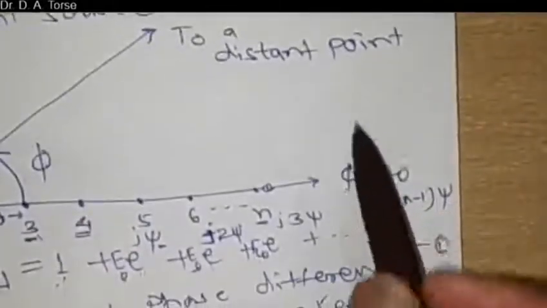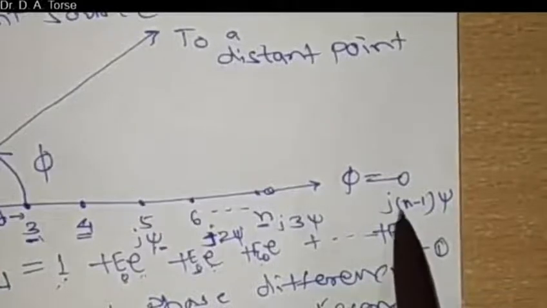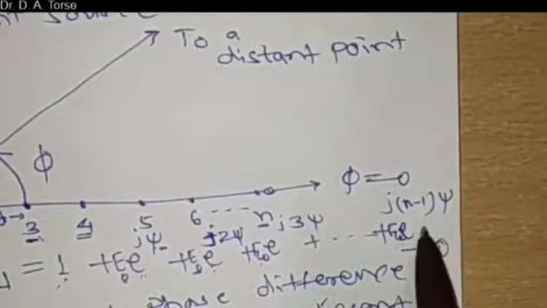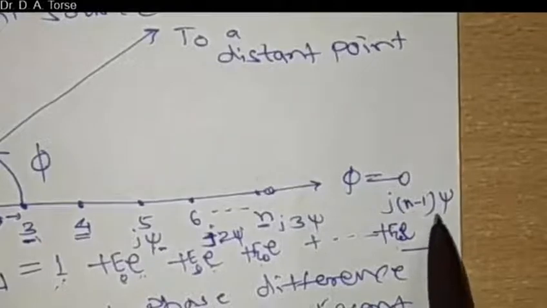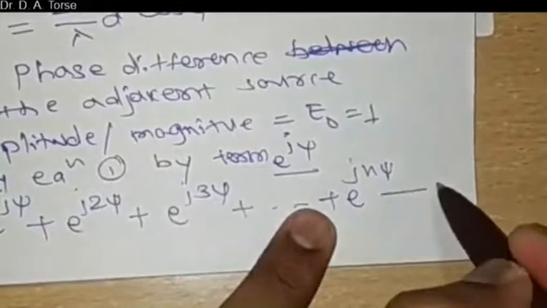So you can see the change in the equation here. The term which was the last term, e to the power j(n minus 1) psi, after multiplication by e to the power j psi, we got as e to the power j n psi. This is equation number 2.